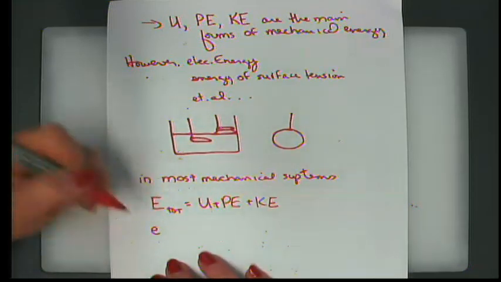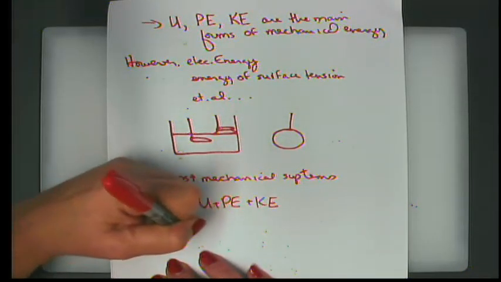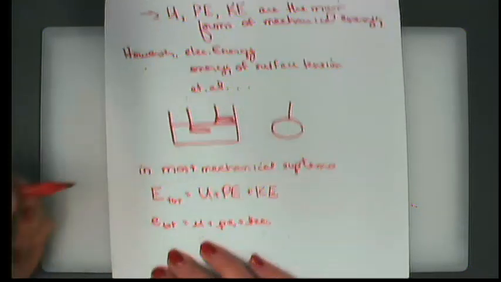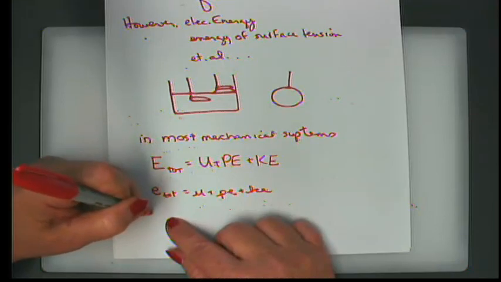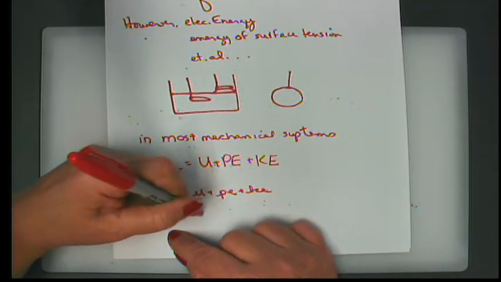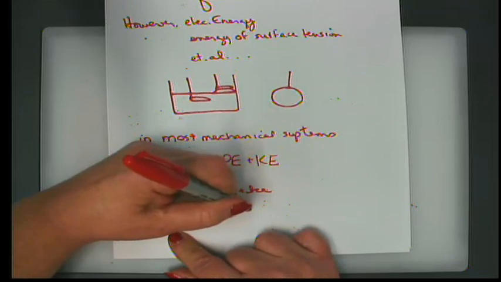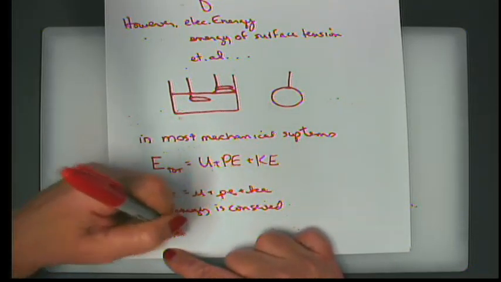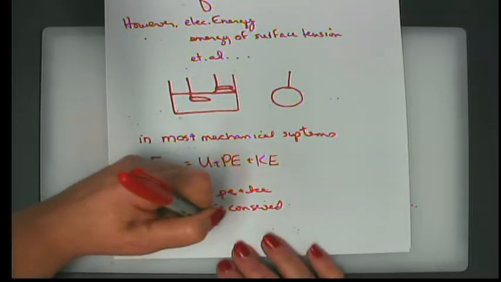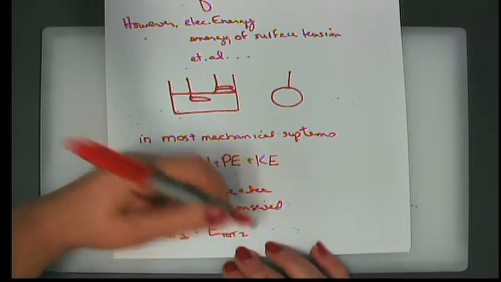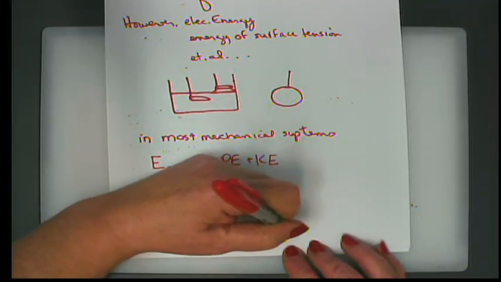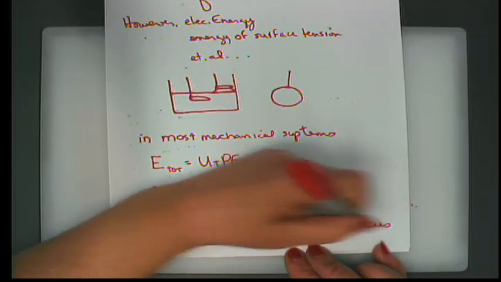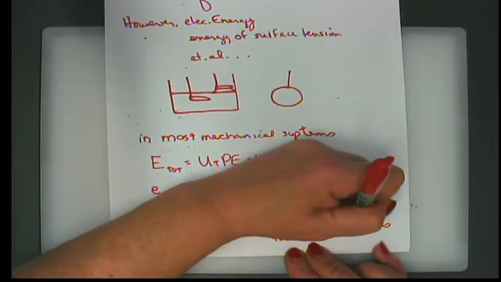Or similarly, that little e total is equal to U plus PE plus KE. And since energy is conserved, E total at time 1 is equal to E total at time 2 if no energy leaves or enters the system.